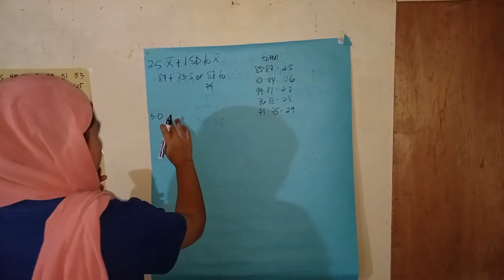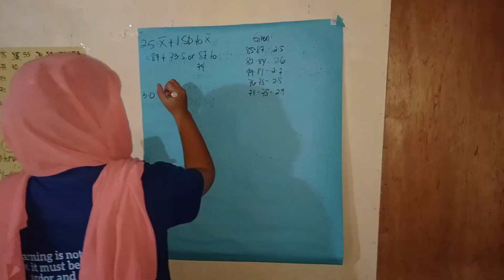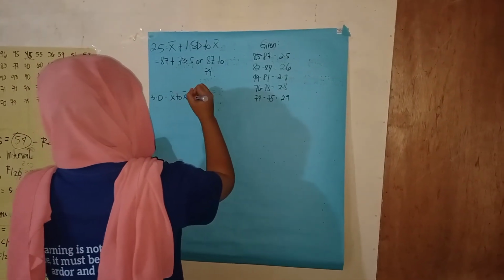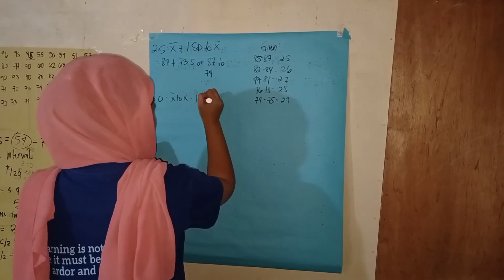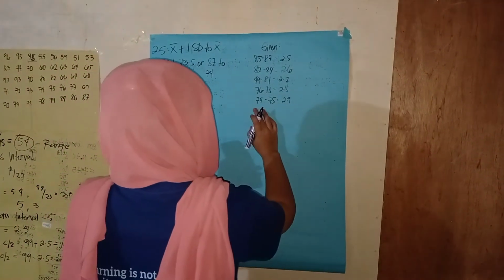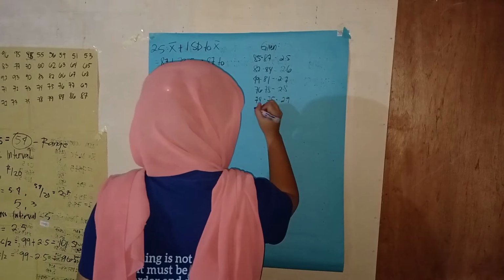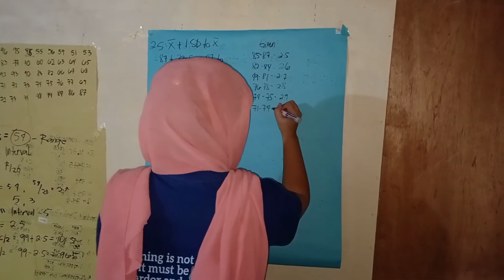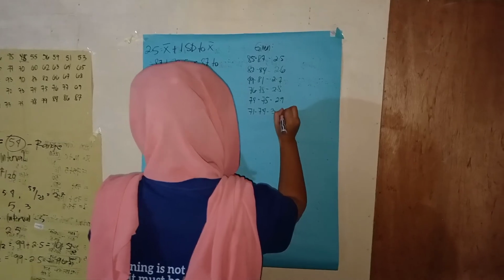And next is 3.0. So our formula is mean to mean minus 1 standard deviation. So our given is 71 to 74, 3.0.